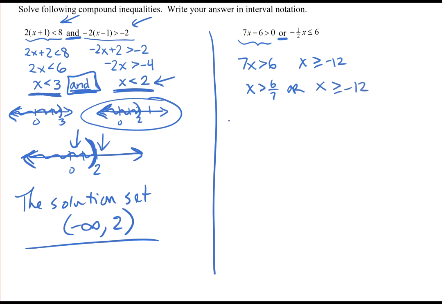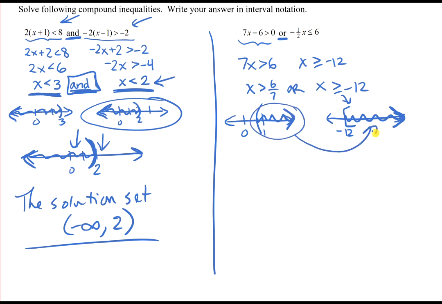For a union of those, let's do a quick sketch of both. For the second one, we'd be going from negative 12, including negative 12, and going all the way up. Whereas with 6/7, which is between 0 and 1, I would be going from 6/7, but not including it, all the way up. Remember, we want all of both. This one is totally within the second set.